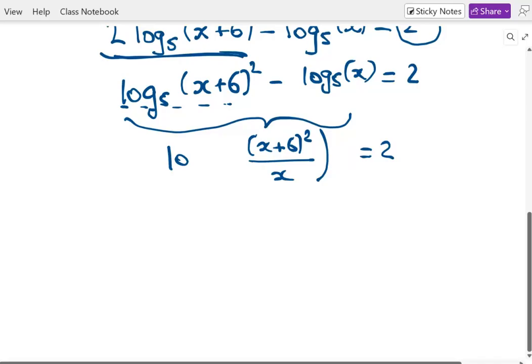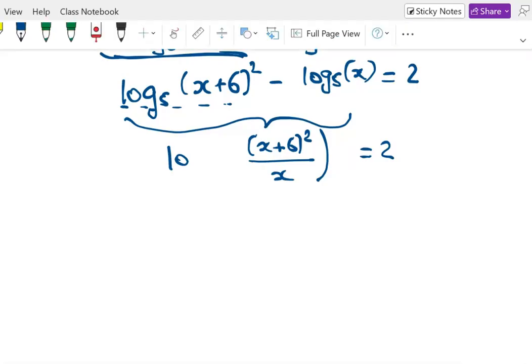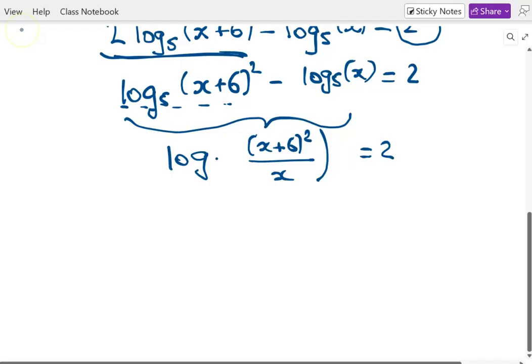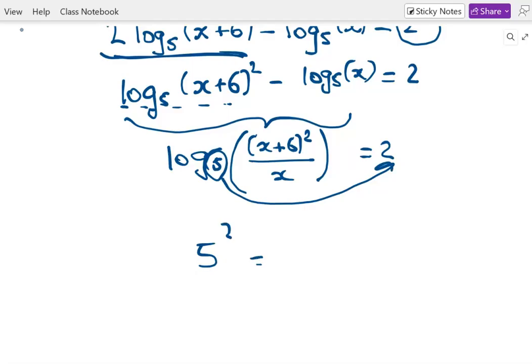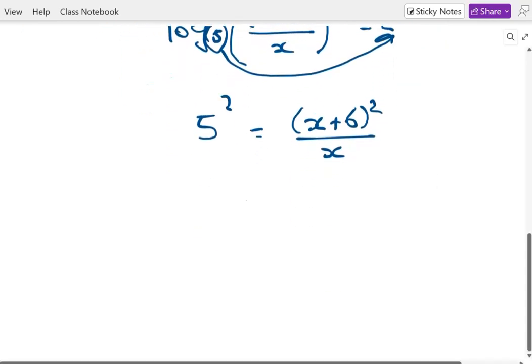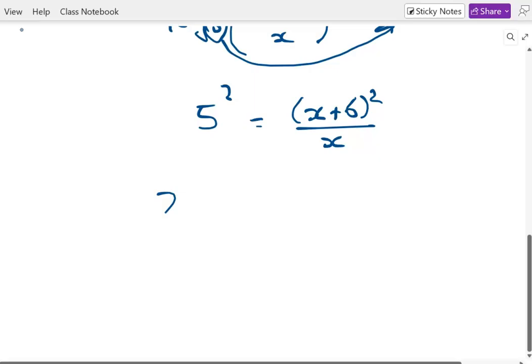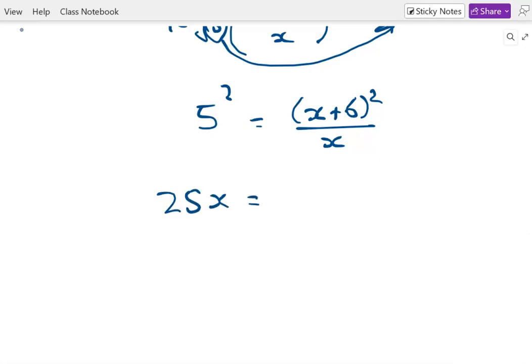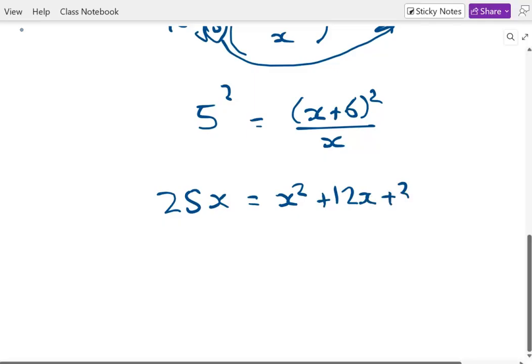So here we're going to have 5 to the power of 2 is equal to x plus 6 squared divided by x. From here what we're working with is a pretty simple quadratic. We're going to have 25x is equal to x squared plus 12x plus 36.